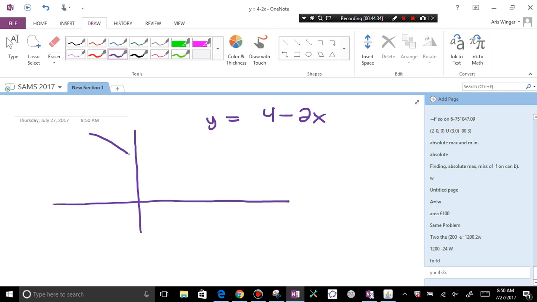That line comes rolling down like this, negative slope. What's that point right there? 0, 4. This point. 2 comma 0. Excellent.